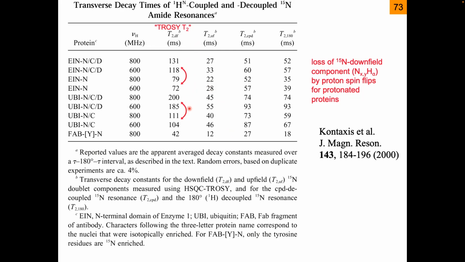You see that in protonated ubiquitin, at 800 megahertz, it's 111 milliseconds, but the deuterated is 200 milliseconds. So if you have protonation, it's not very good. So you really need deuteration. Otherwise, you lose a lot. And for this enzyme, it's the same thing. So this is about TROSY.